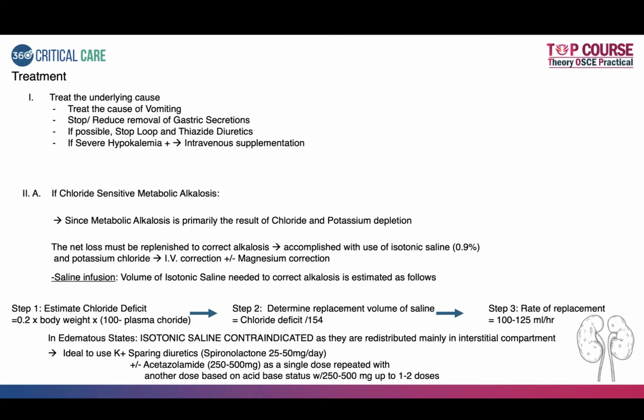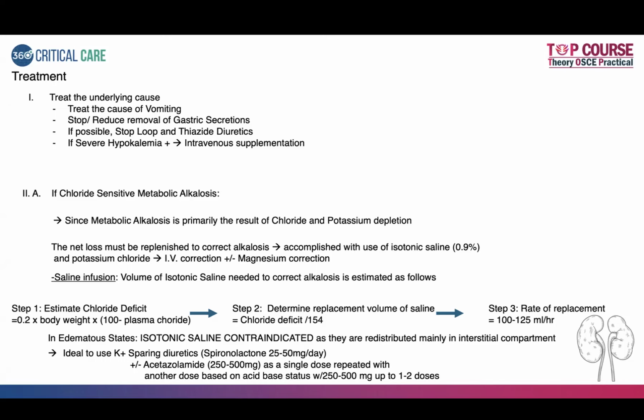In edematous states, isotonic saline is contraindicated as it is redistributed mainly in the interstitial compartment. So in these scenarios, it is ideal to use a potassium-sparing diuretic like spironolactone or acetazolamide as a single dose, repeated with another dose based on the acid-base status.